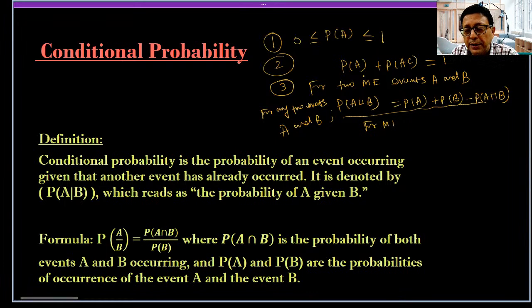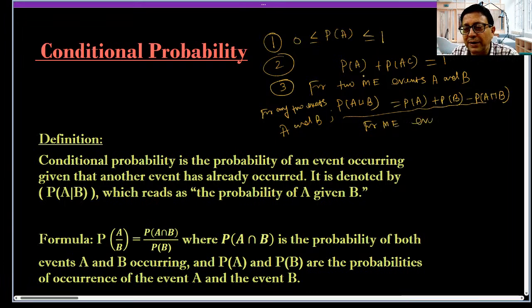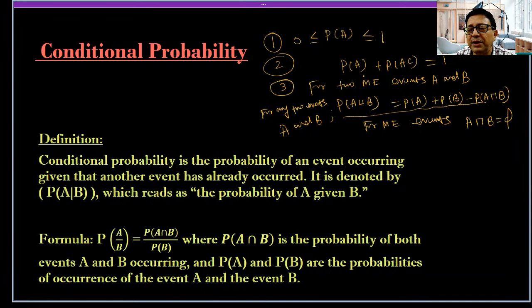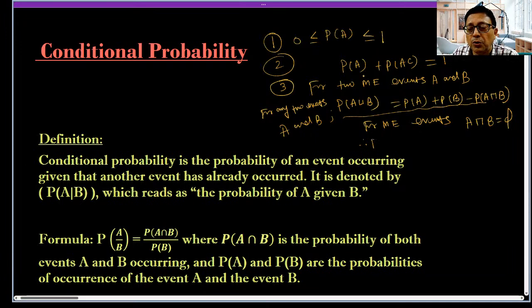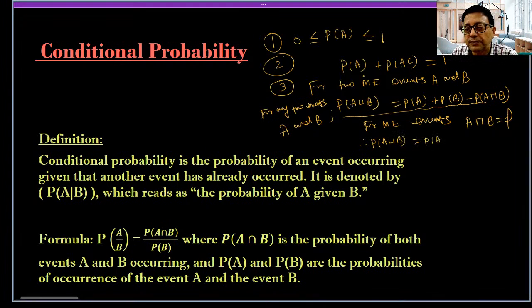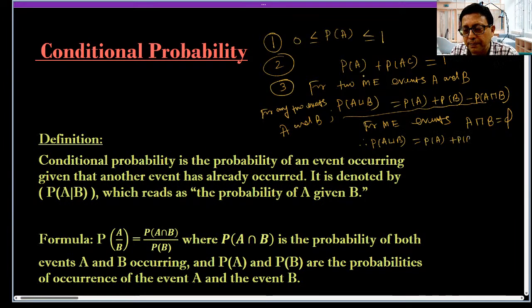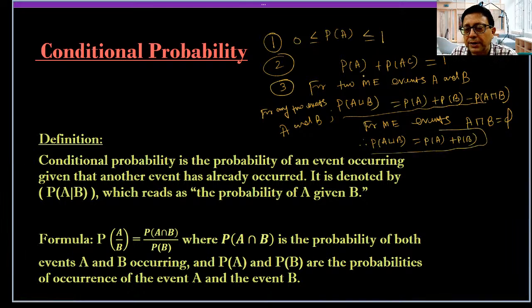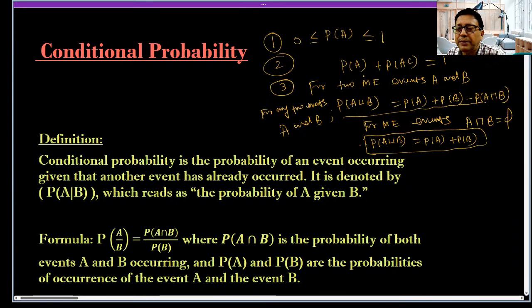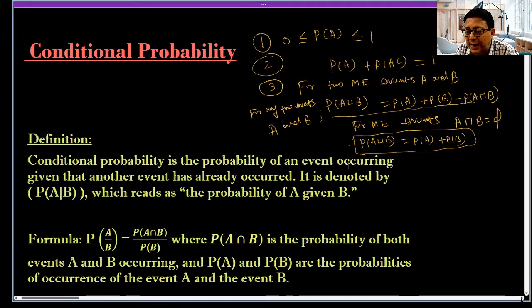For ME events, mutually exclusive events, there is no common point between them, A intersection B equals phi. So P(A union B) is going to be equal to P(A) plus P(B) for mutually exclusive events.